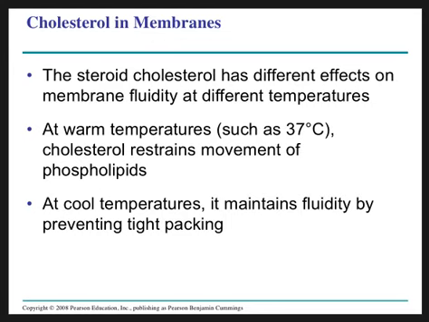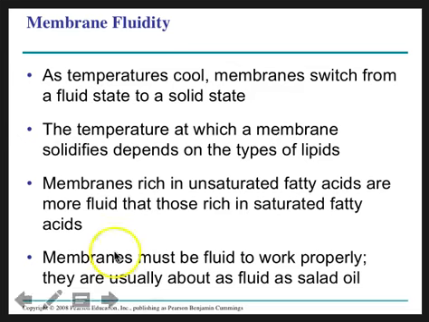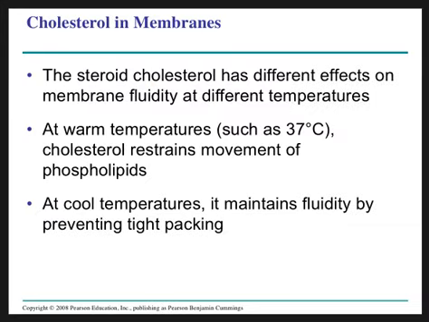The other thing that really, really lends itself to maintaining this membrane, because remember, it's typically, and maybe I didn't say it, but it's typically about as fluid as salad oil, okay? One of the things that helps with that is a steroid called cholesterol. So you may or may not have known that cholesterol is a steroid, but the steroid cholesterol has some really different effects on the fluidity of the membrane depending upon the temperatures.